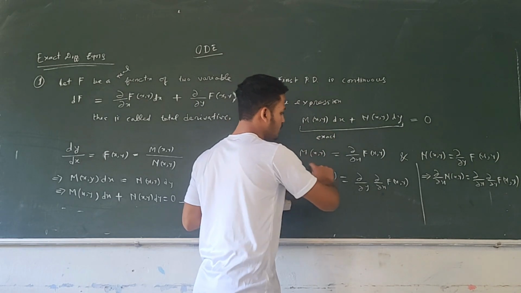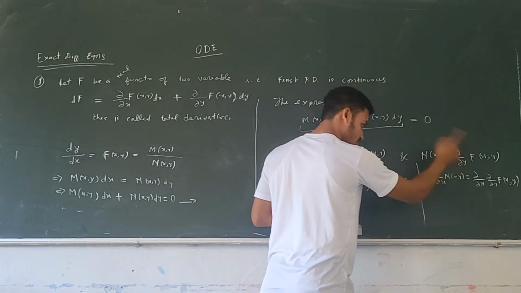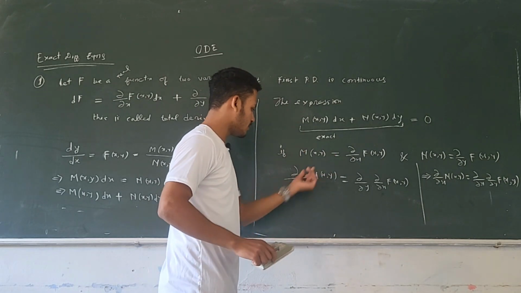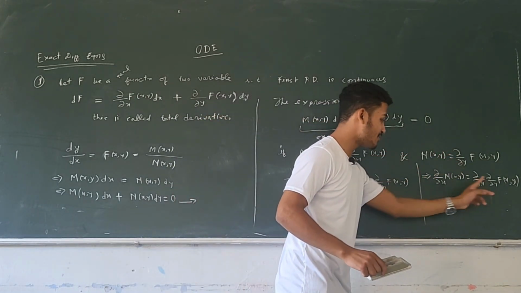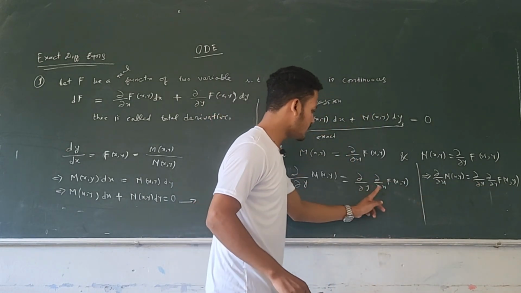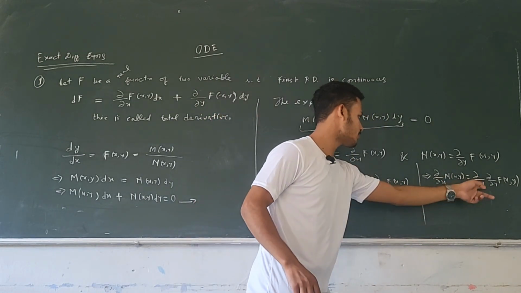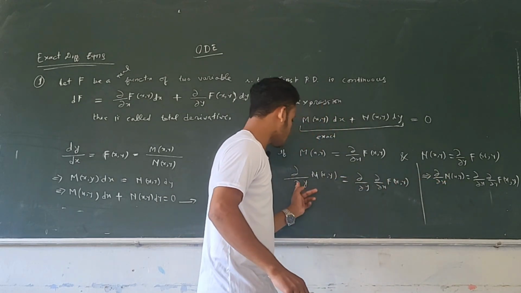Because if exact, then you can write this M of xy is equal to this, N of xy is equal to this. So when you derive with respect to y, you will get this. When you derive with respect to x, you will get this. Now we have obtained that this is equal to this. These two are the same.